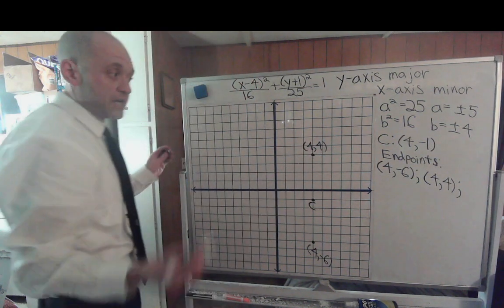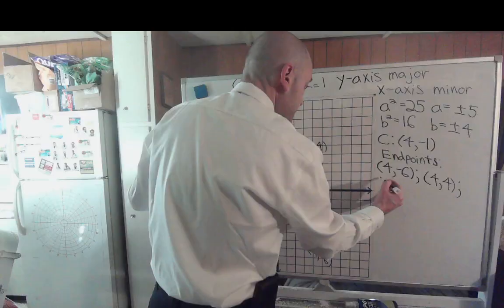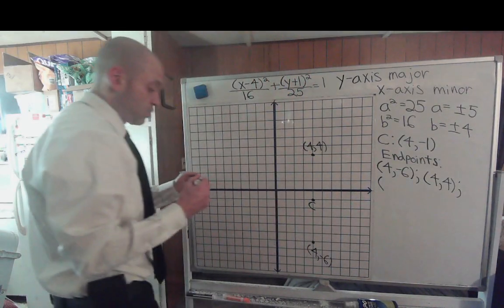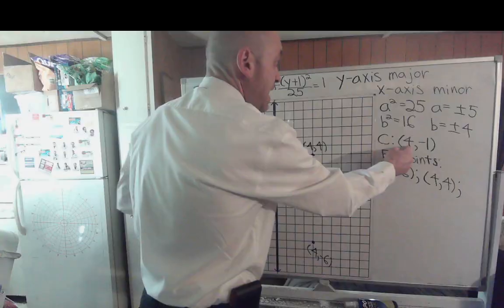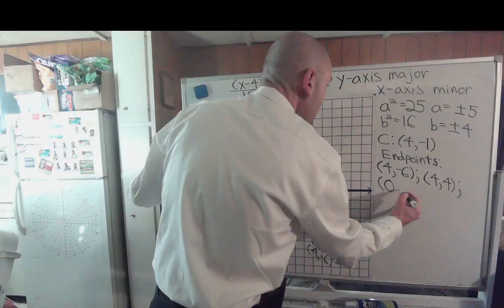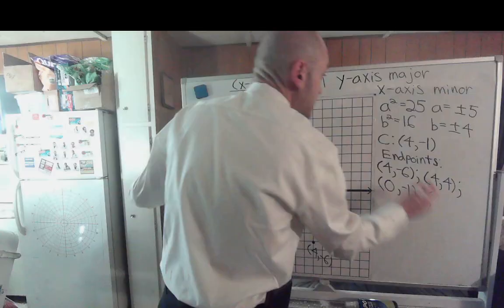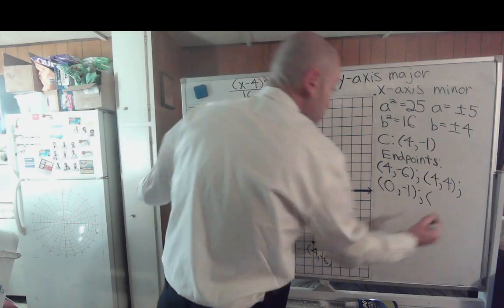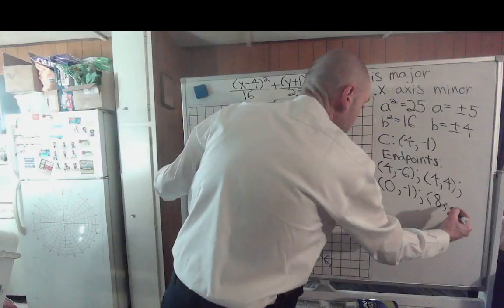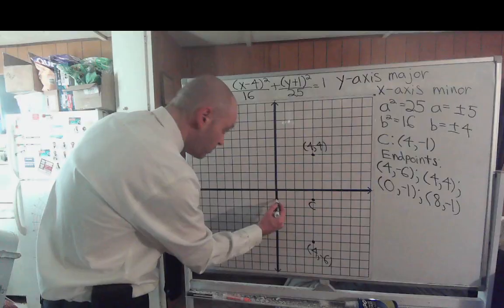Now we've got to figure out the minor endpoints. So this time you're going to take your x coordinate of 4, add and subtract that 4. Well, 4 minus 4 is 0. You'll leave your y coordinate of negative 1 alone. And then take 4 plus 4, you'll end up getting 8, negative 1. So here's 0, negative 1.